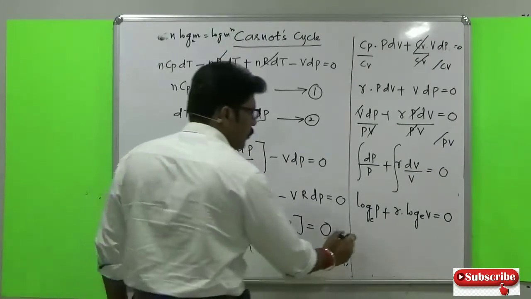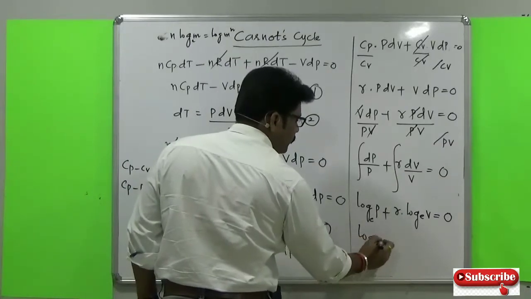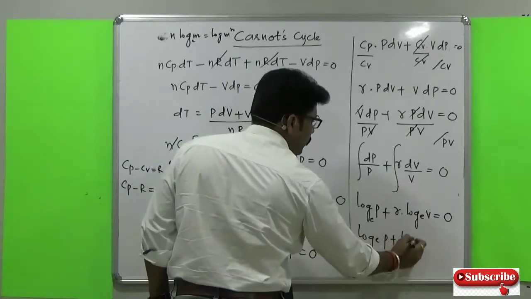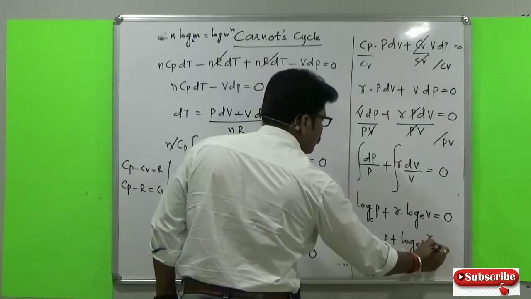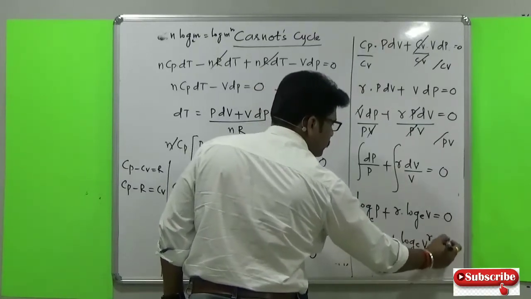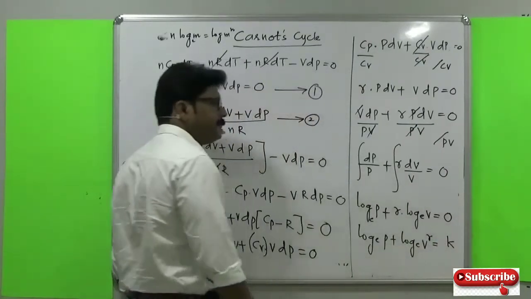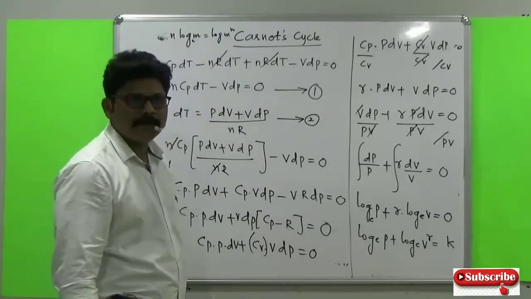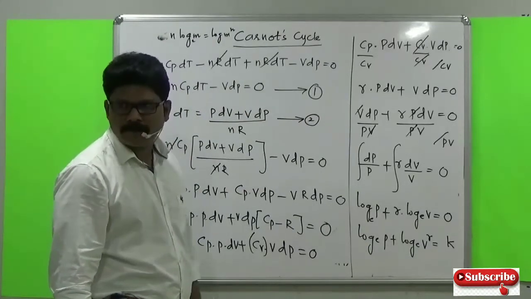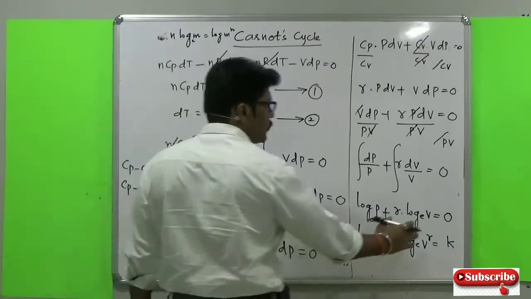That means log base e P plus log base e V to the power of gamma equals to, this is nothing but constant हो जाएगा. Integration of 0 is nothing but constant. So this is a constant.